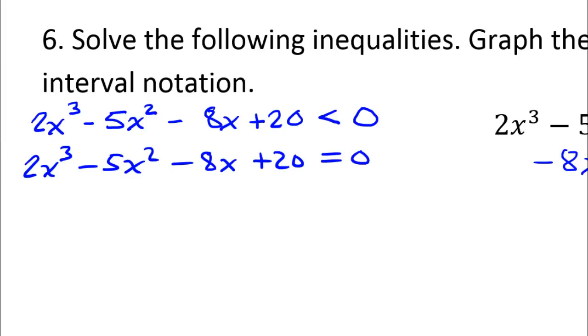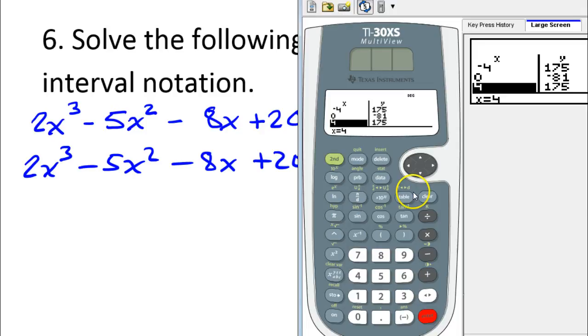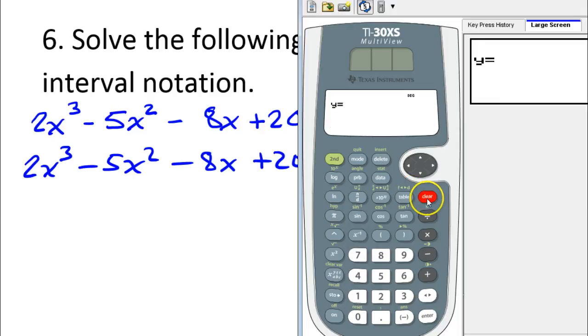Okay, so if I were doing this by synthetic division, I would type this function into my calculator. So I have 2x to the third power minus 5x squared minus 8x plus 20.